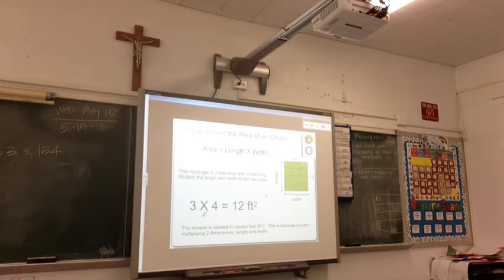The math sentence we would use is 3 times 4 equals 12 square feet. The answer is labeled in square feet, which is the feet with the little 2 at the top, because this is what you are multiplying, 2 dimensions, length and width. So this means 2 dimensions. That is our area.